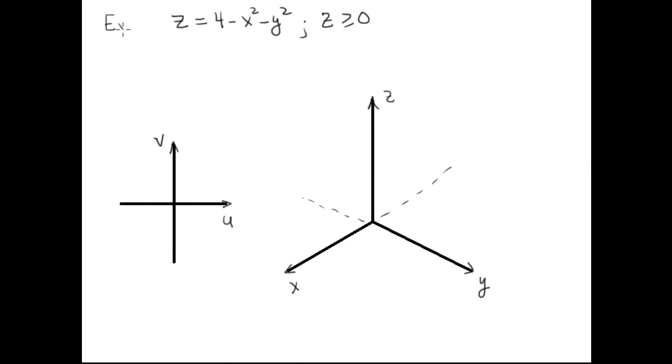Okay, this is example 1. Suppose I am doing the parameterization using graphing parameterization of this. It's obvious that this is a paraboloid, and this paraboloid opens down, like that.